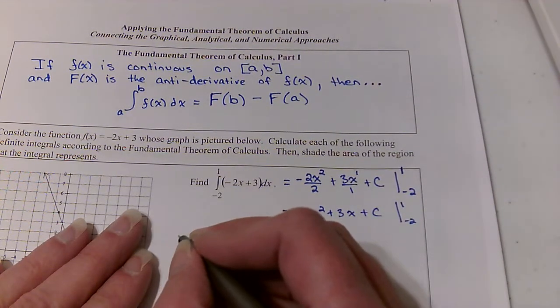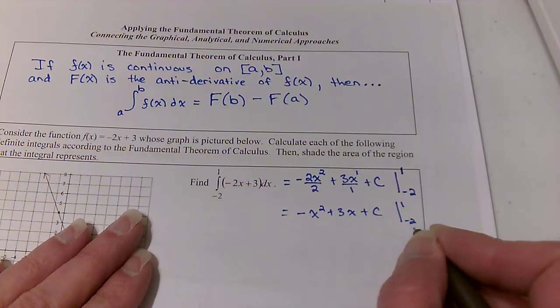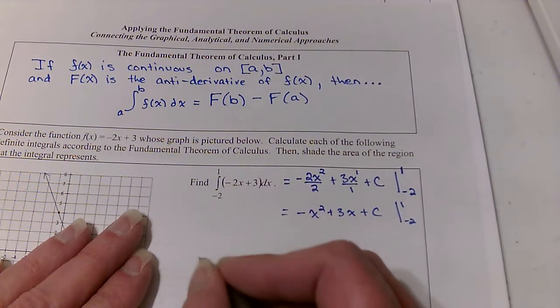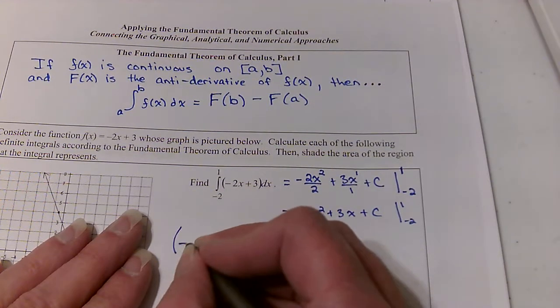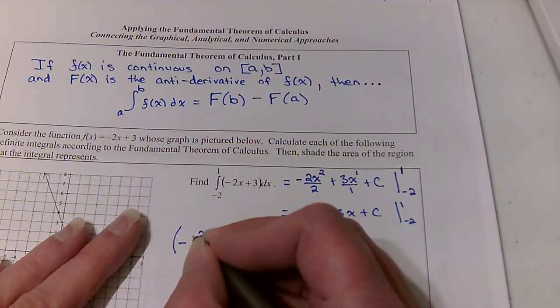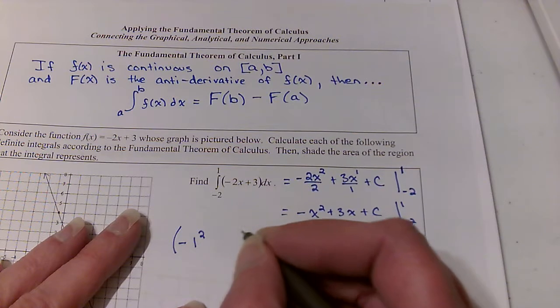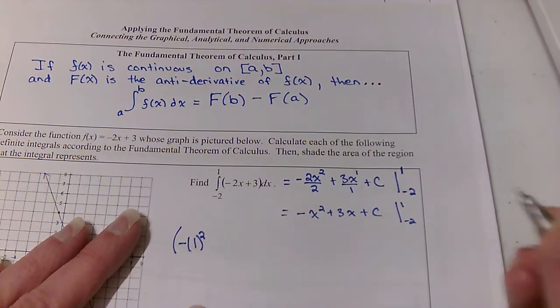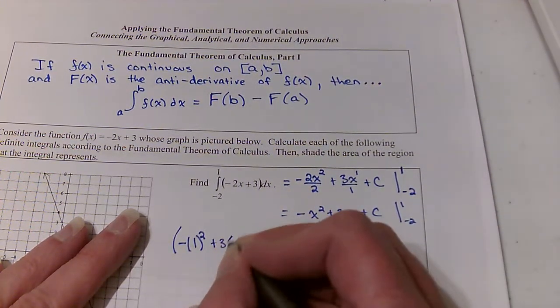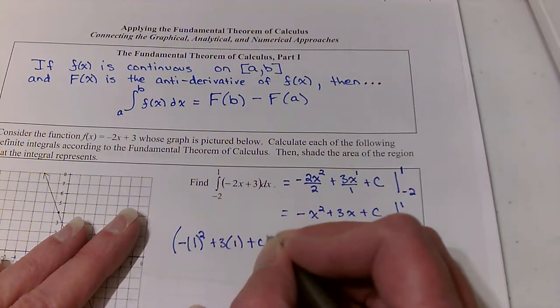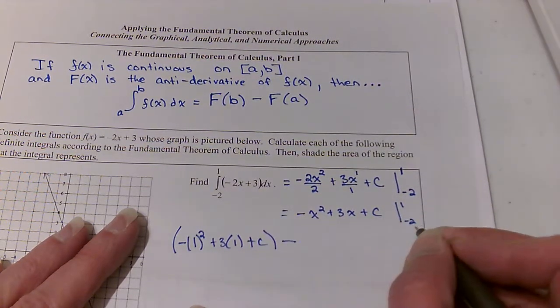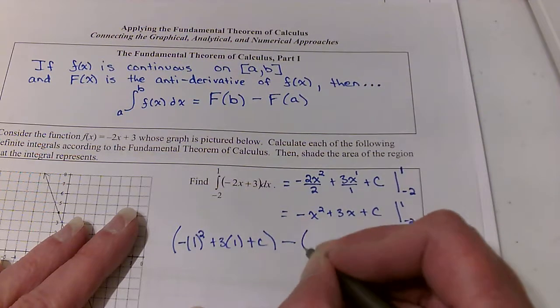So I'm going to plug in the top one, plug in 1. So that's negative 1 squared, or that's 1 squared, plus 3 times 1, plus c, minus what we get when we plug in negative 2.